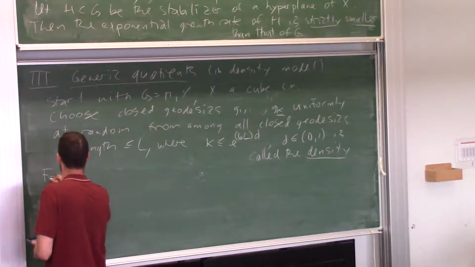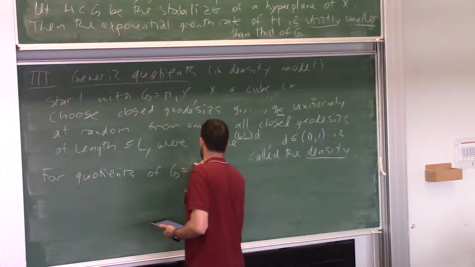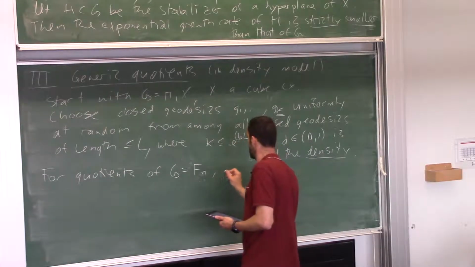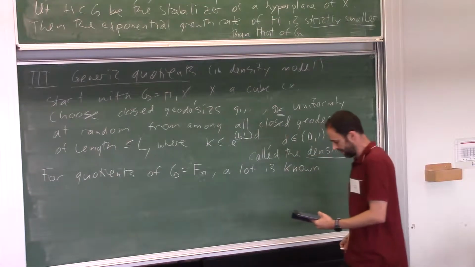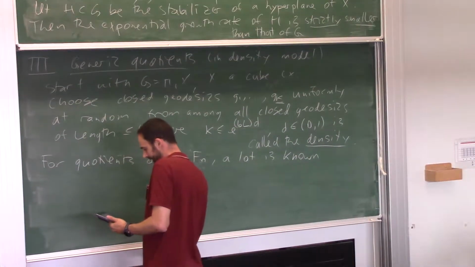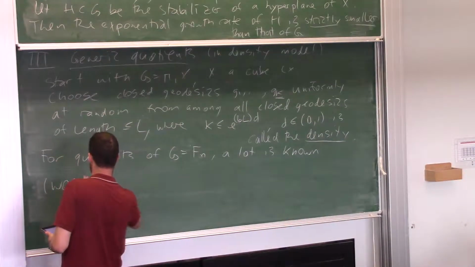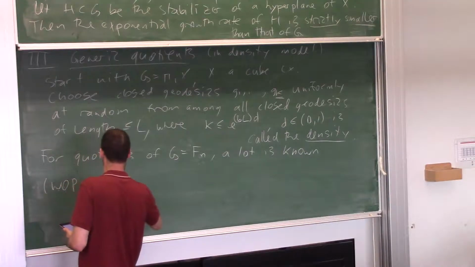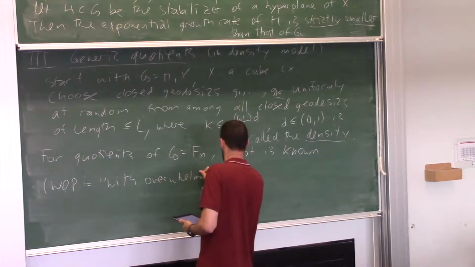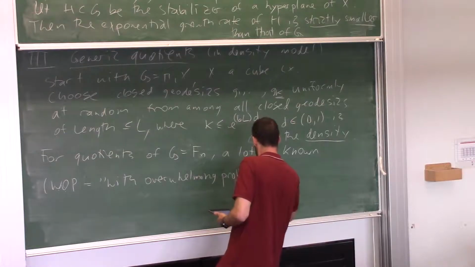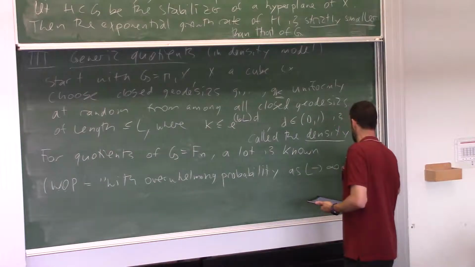So for quotients of G in the free group, a lot is known. Okay. So in the following statements, w.o.p. means with overwhelming probability as the length cutoff goes to infinity.